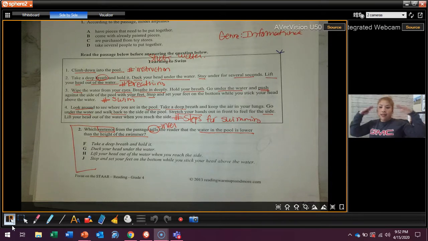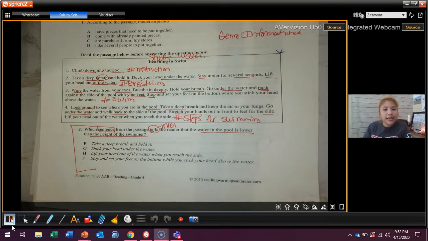So if I'm 5'2", the water would be lower than me. That means the water's not going to cover my head, right? I'm okay to do what? How do we know that the water is lower than you? Because you can do what? You can stand up, right? Okay, so let's see which answer says that I must stand up.